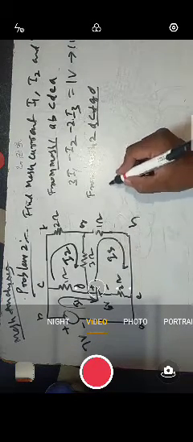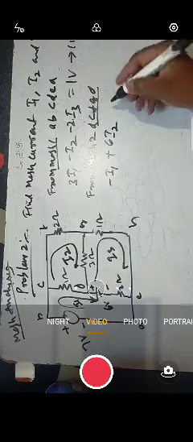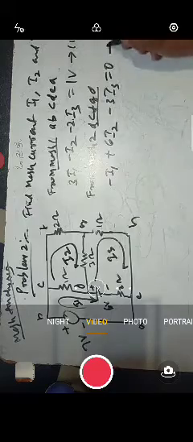I'll write this as minus I1, 1 plus 2 plus 3, so that is 6 I2, and this is minus 3 I3. But there is no voltage source here, so this is equal to 0. I call this equation 2.